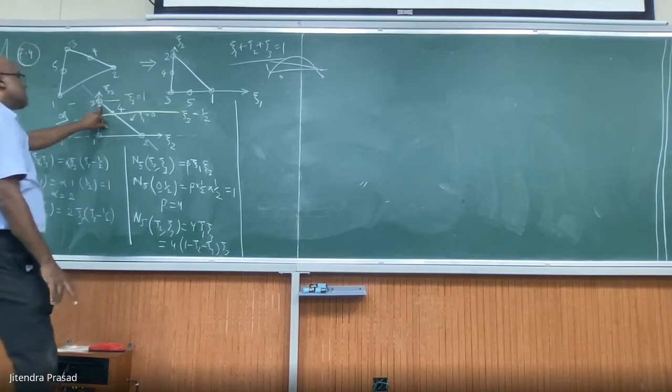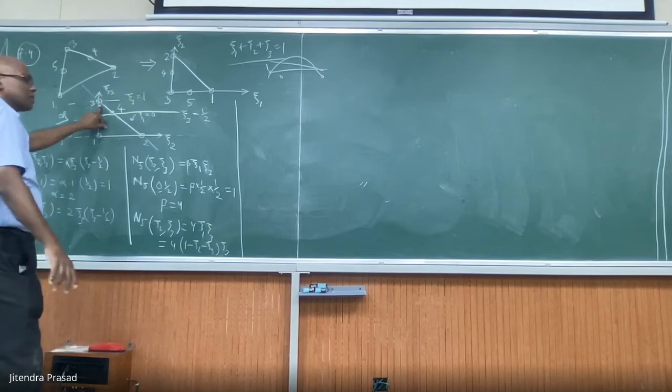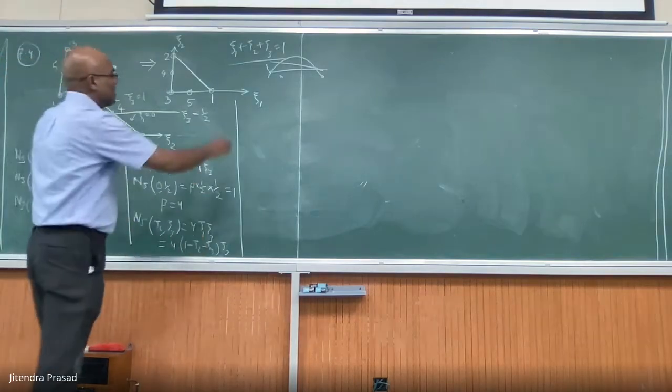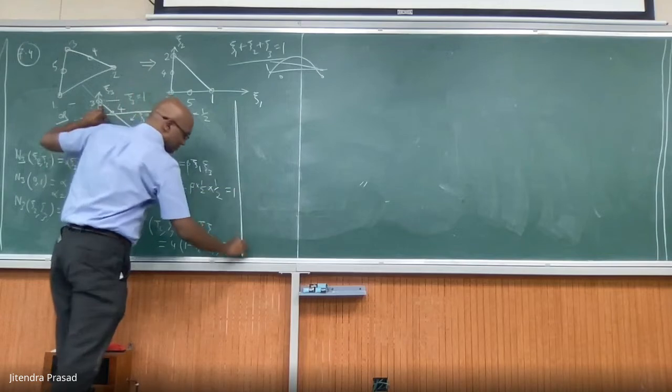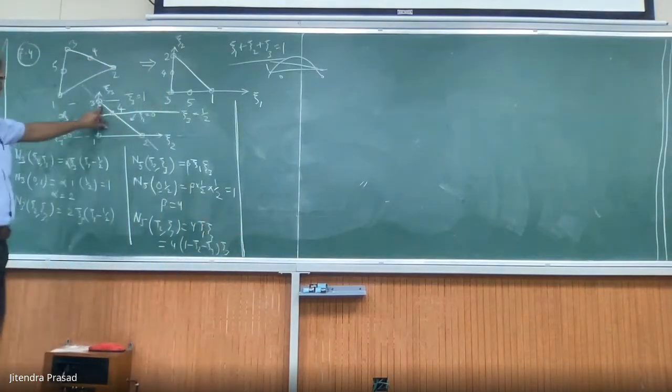So is it necessary for every shape function? Probably it's not necessary. I think we cannot force so much, basically. But still it's a 0, it's not something else.